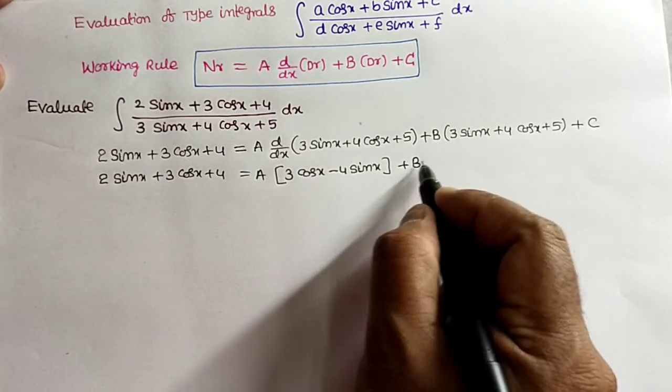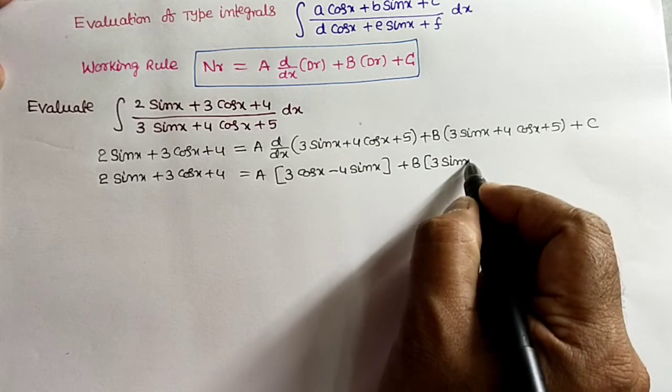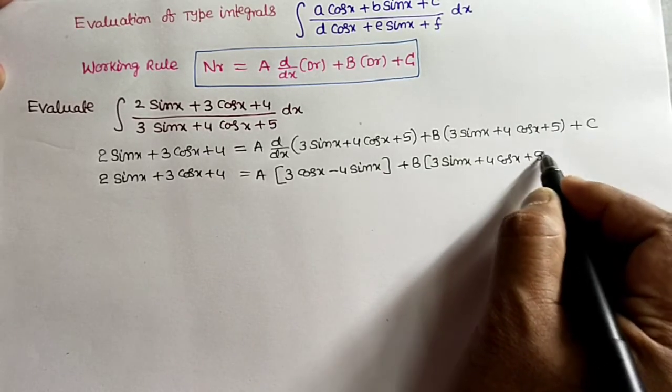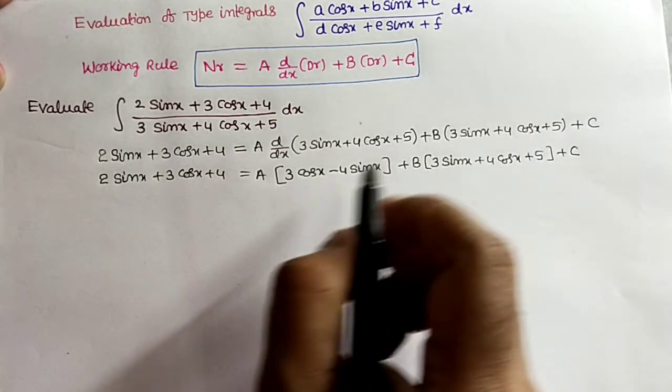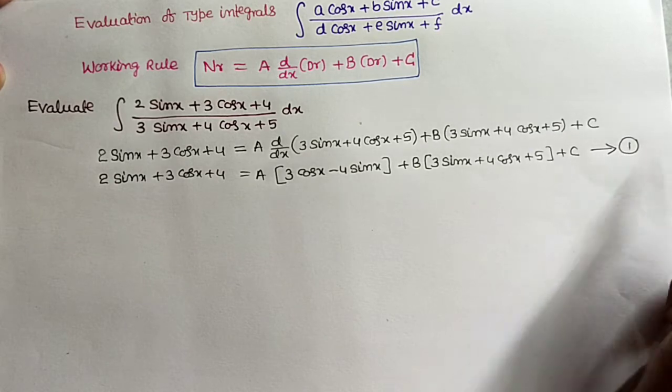Plus B into, as usual, 3 sin x plus 4 cos x plus 5, plus C. After differentiating, this step we can take as equation 1.